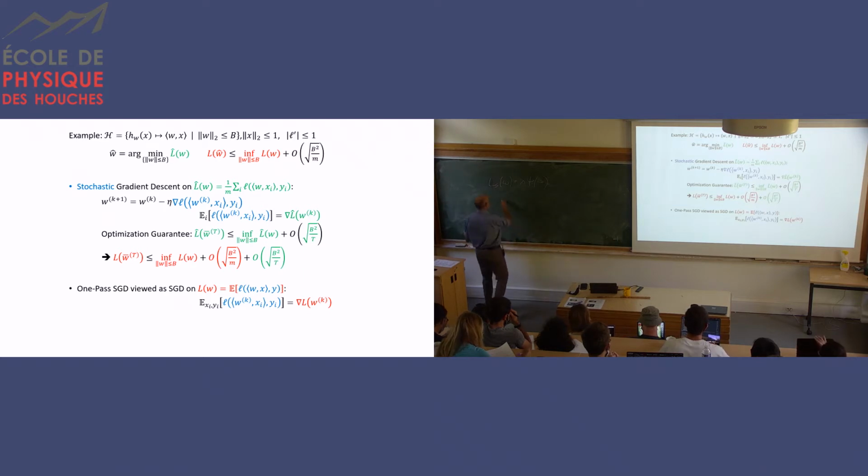Since the population loss of w is exactly the expectation over all these examples of the loss on the example, if I look at the gradient of this loss, I can take the gradient outside the expectation, and I get that the expectation of the gradient is exactly the gradient of the expected loss.